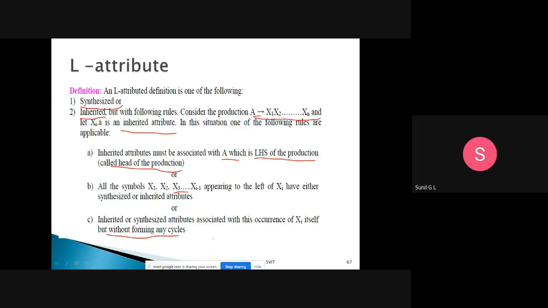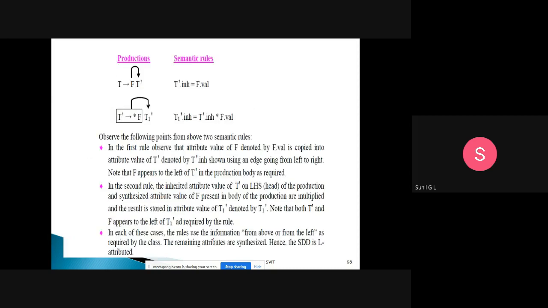Usually when inherited attributes are present, it is obviously an L-attribute definition. Here we take an example: T dash tends to star F T dash, and the production T tends to F T dash. Here we have the semantic rules.